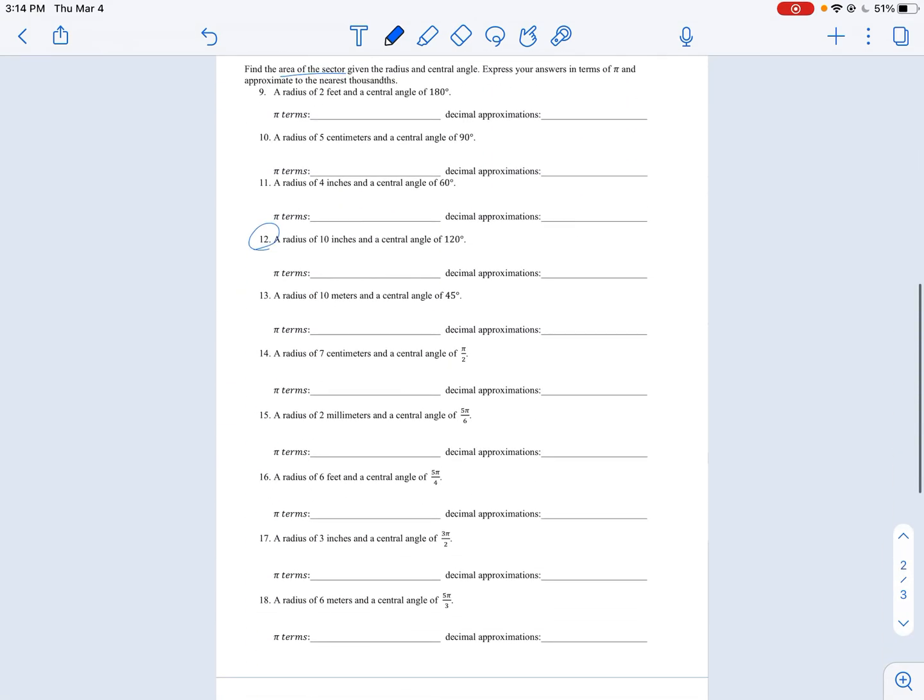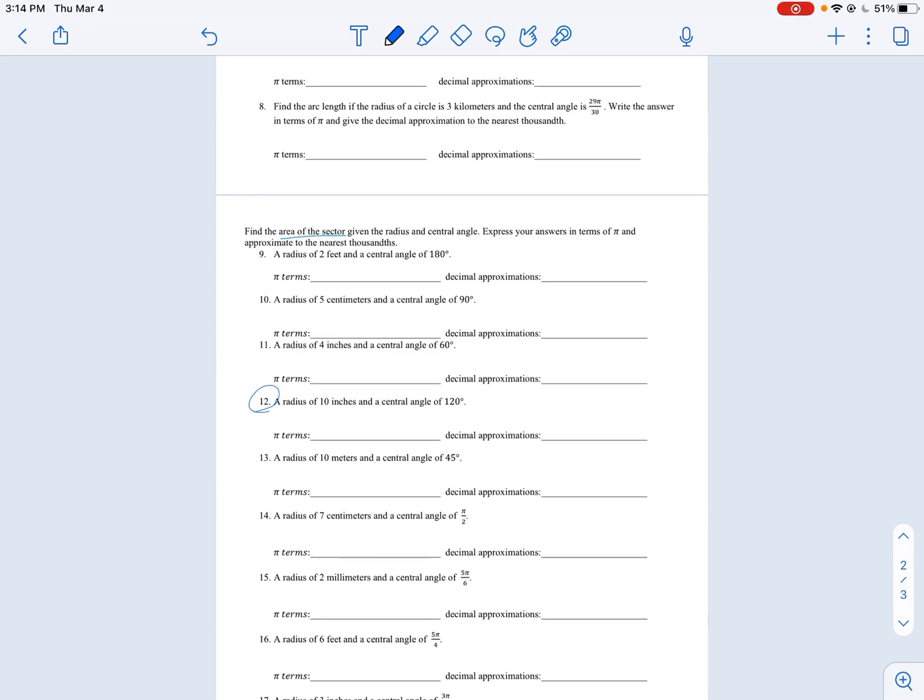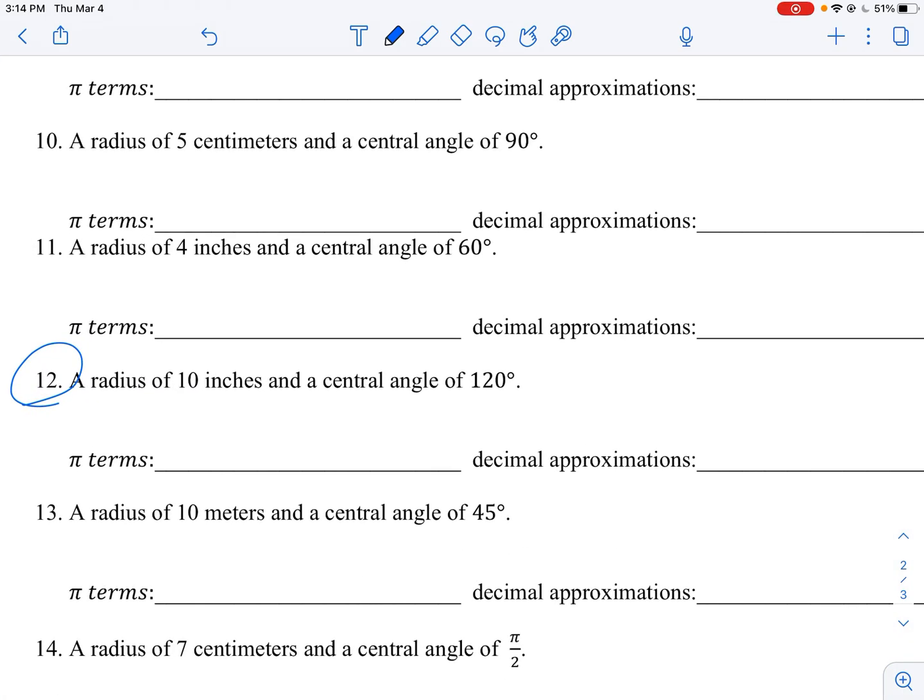And then we're going to do an area of a sector here. And so remember, your area of a sector is the portion out of the whole circle, which since this is in degrees, we're going to do 120 out of 360. And then you just times by pi r squared, where r in this case is 10, so I'm going to put 10 in there.